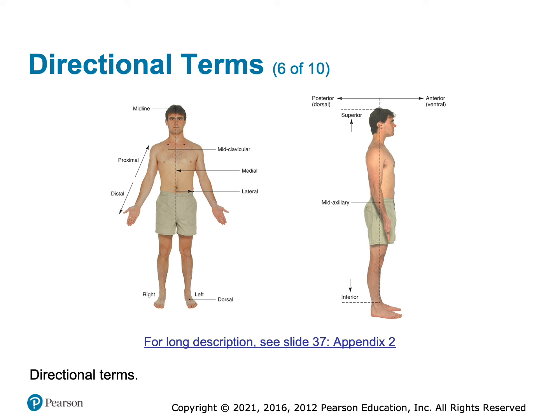This slide just groups all of those terms we just talked about into one slide. The only thing that is new on this one would be midclavicular. So if you're looking at the anatomical position photo and you're on the patient's left side, top term, it says midclavicular.